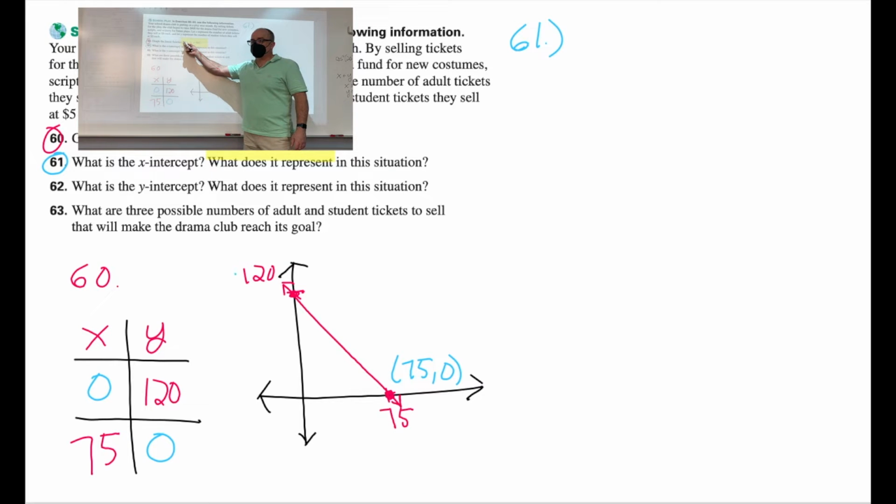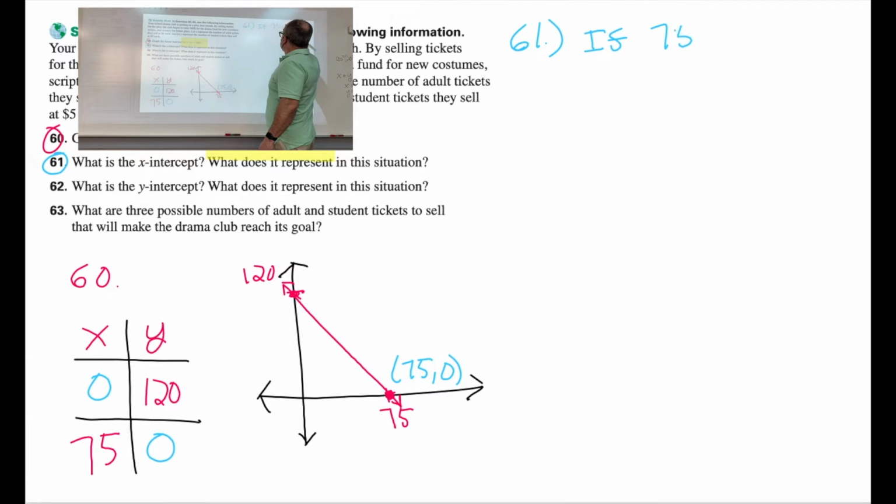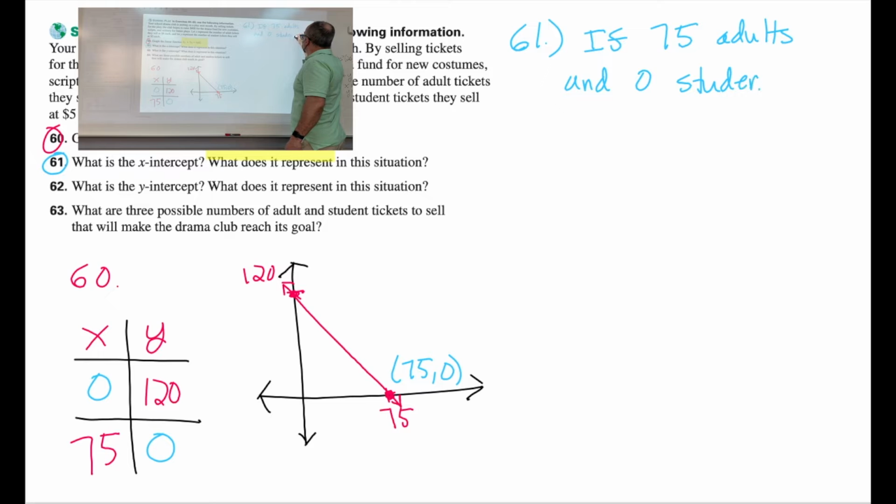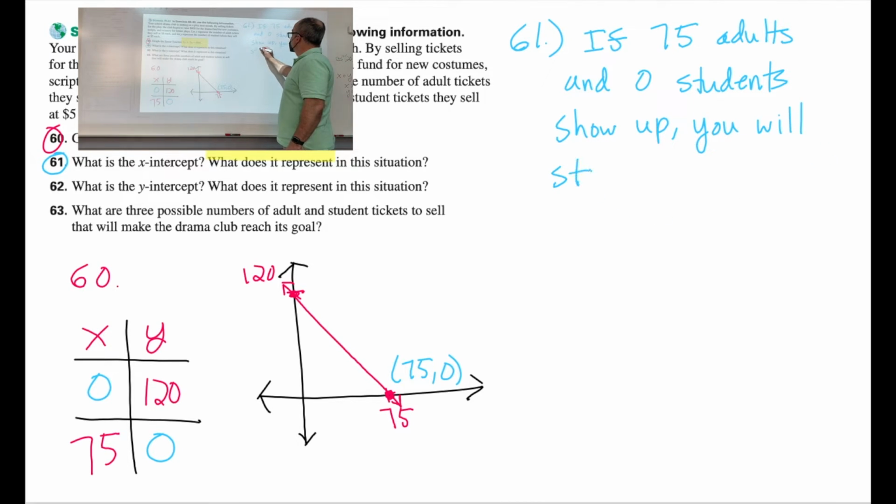They're charging $8. This says if 75 adults and 0 students show up, you will still make $600.